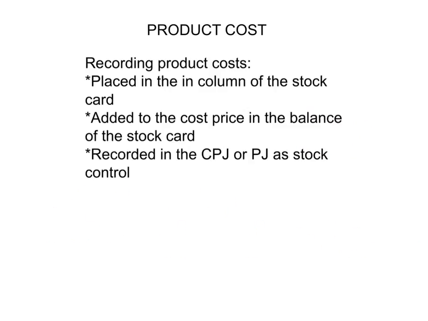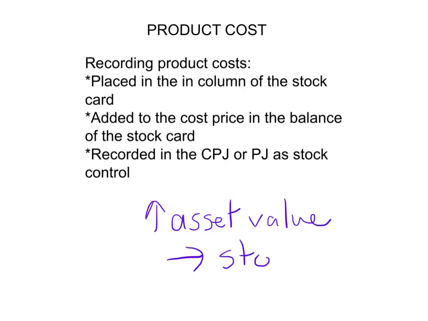All right, product costs, we've just seen on the slide before, it increases an asset value, and that asset is the stock item. So if the stock item is increasing, it's got to go into the stock card, and it goes into the in column first because it's an increase in the value, so it must be going in.